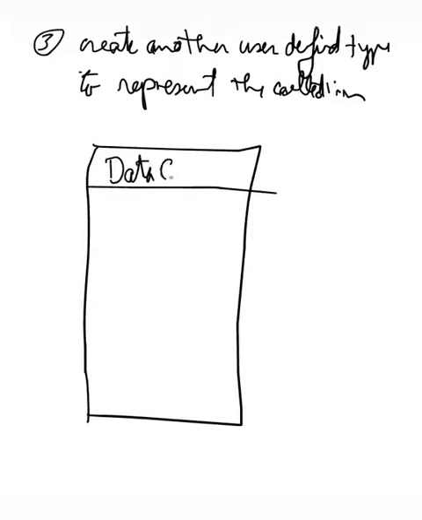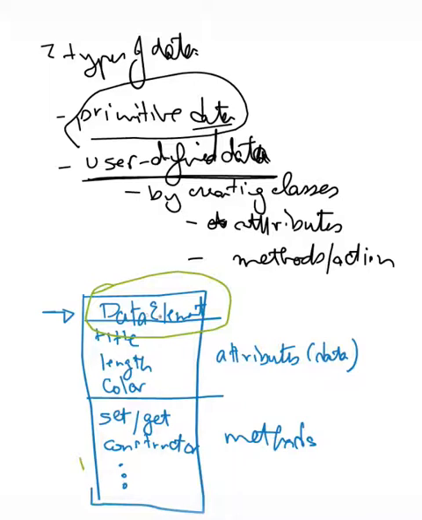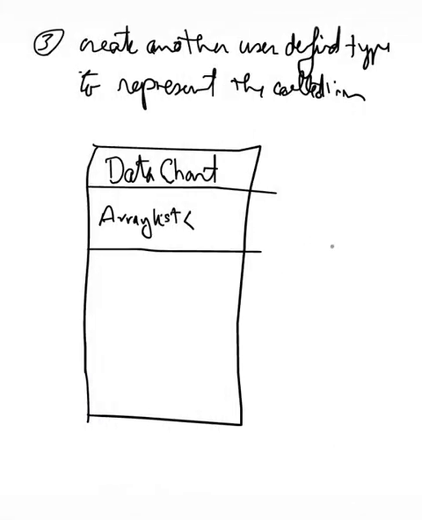Or you can call it data chart or data collection. You can name it whatever you want. Now the attribute in this class will be a collection, and I'm going to use the array list to represent the collection, and it will be a collection of this data element. So it will be an array list made out of this data element class.